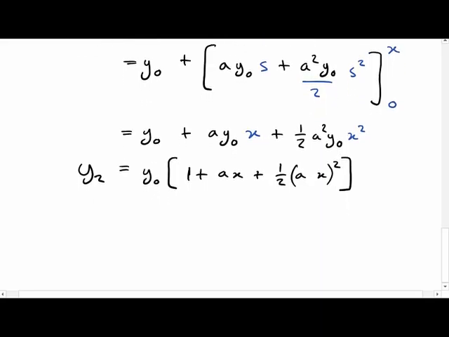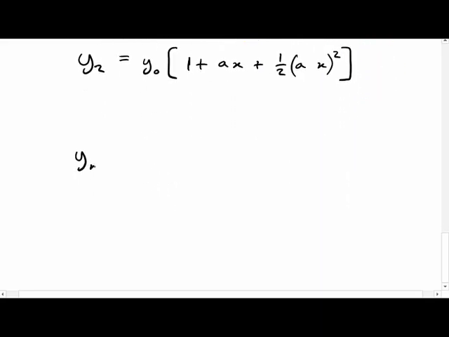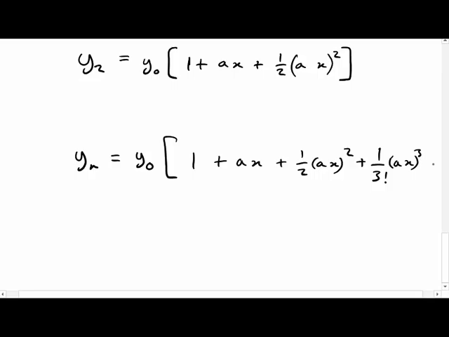So what I'm basically saying is that yn, in other words our solution that we're after, or an indication of whether there is actually a solution, is going to be y naught lots of 1 plus ax plus a half (ax) squared plus 1 over 3 factorial, which is 1 over 6, (ax) all cubed, plus 1 over 4 factorial times (ax) to the power 4, and we can keep going until we end up with the nth term, which is 1 over n factorial (ax) all to the power of n.